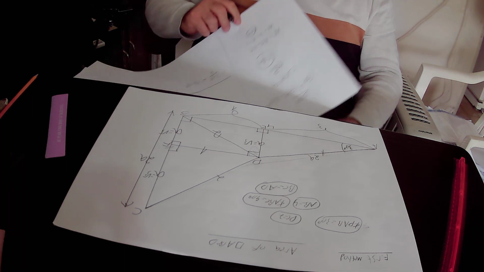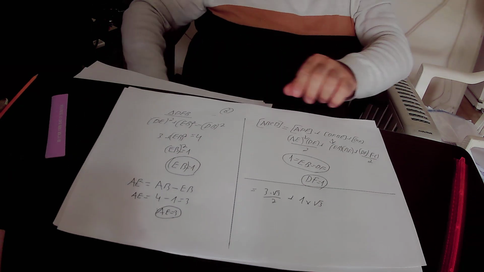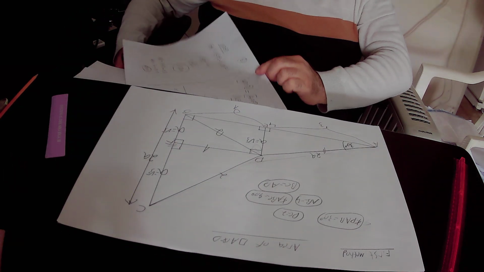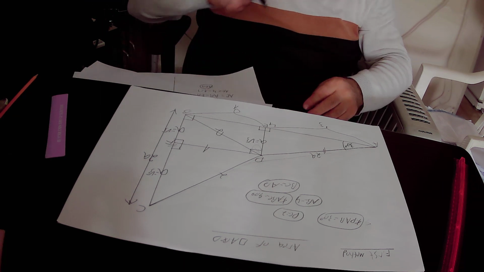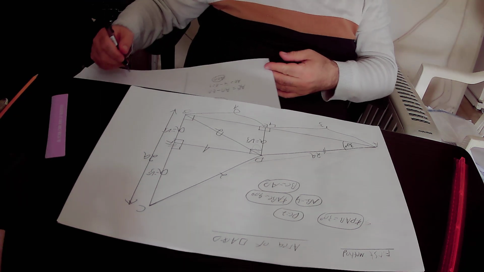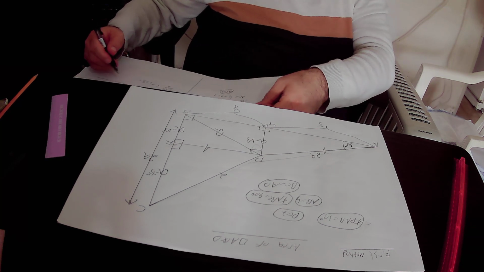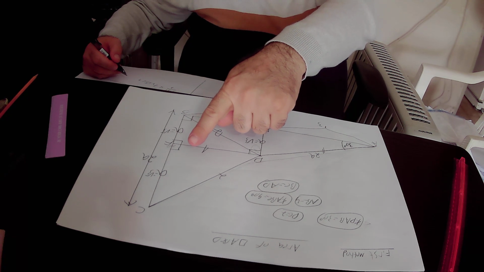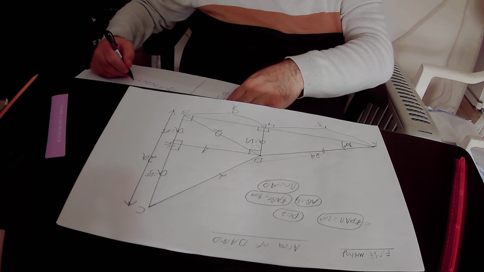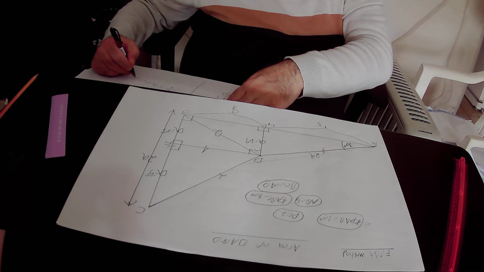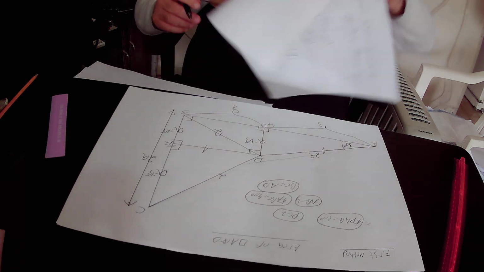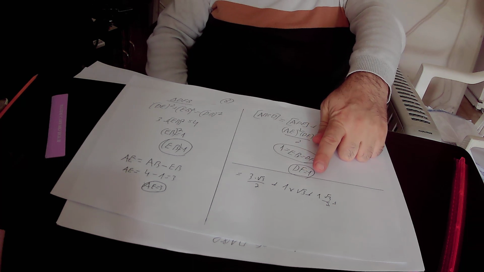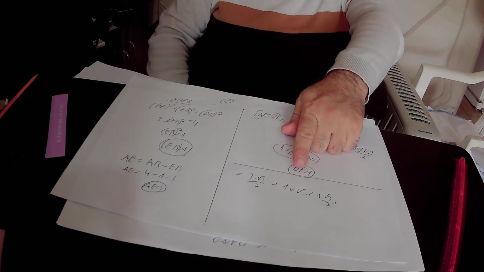So the area of rectangle DFBE equals square root of 3 units plus the area of triangle DFC, this is actually equal to DF, that is 1, times FC, that is square root of 3 over 2. So in conclusion, we found out that the area of quadrilateral DFBE equals this expression.